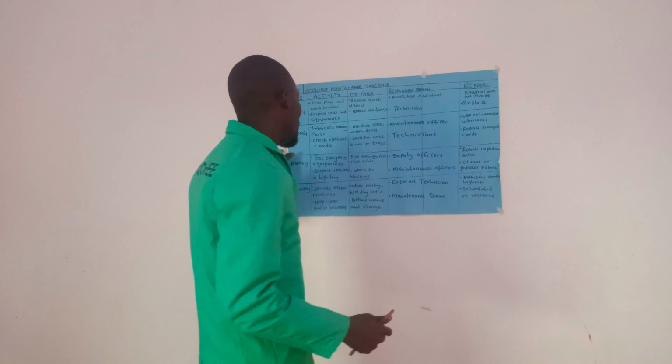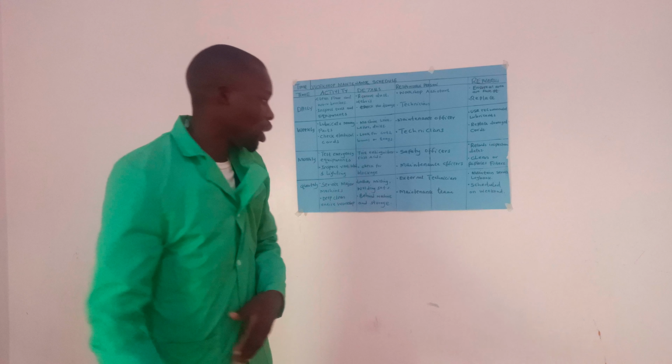After completing the activity of the day, they have to record their remarks. They have gone through all the process. What may be required in the future? Or what did they fix? Or what is needed in addition to make the equipment run smoothly?